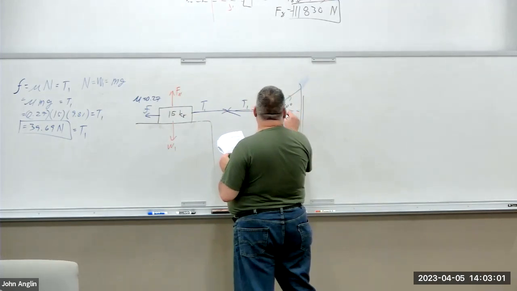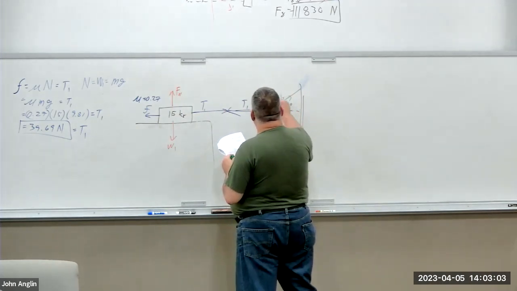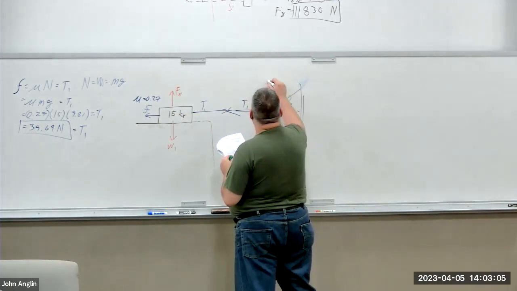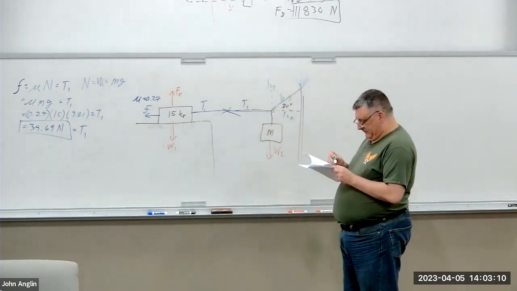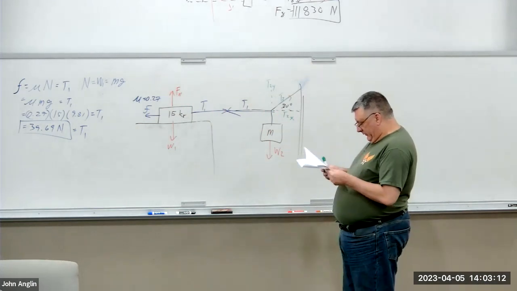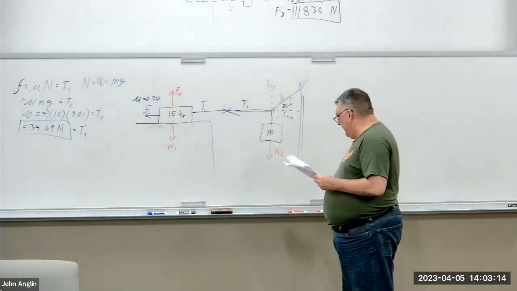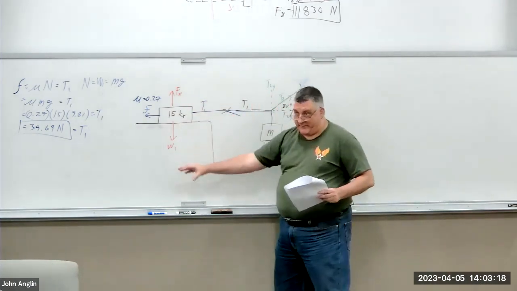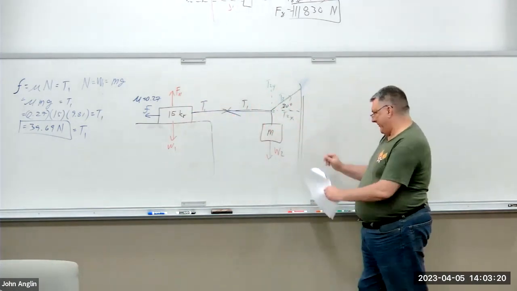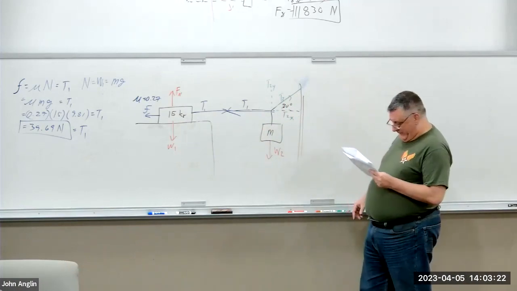Well, if that's true, then there has to be an X direction, and there has to be a Y direction. So let's go over and look at this system. So we looked at this system. Now we're going to look at this system. And let's see what we have.